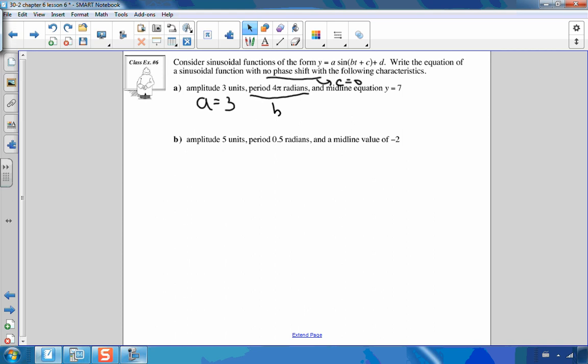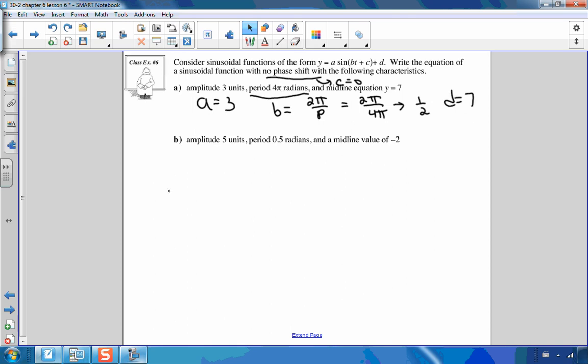Remember the formula I taught you last time? b equals 2 pi divided by the period, which is 2 pi divided by 4 pi, so the pi's cancel, and I'm just left with a b value of 1/2. And then midline equation y equals 7, that's your d value, d equals 7.